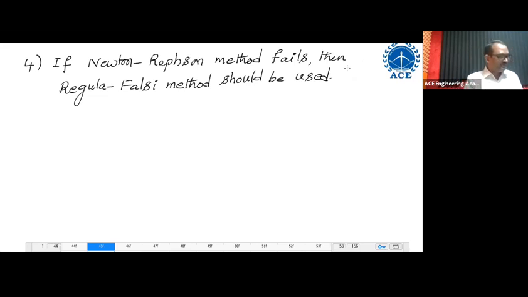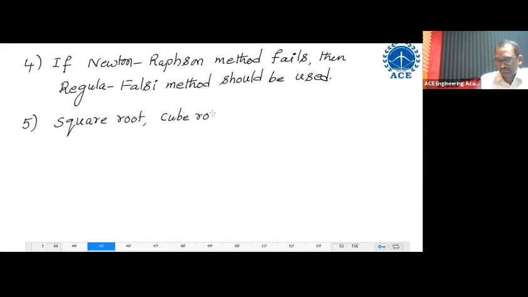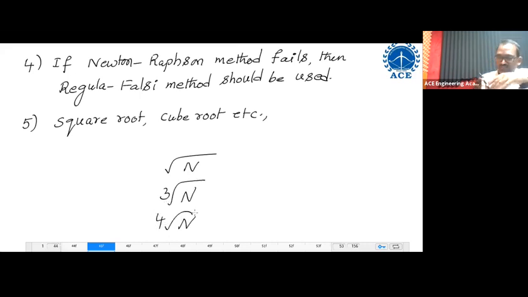Write down. See, using Newton-Raphson method, square root, cube root, etc. means square root of a number, cube root of a number, and fourth root of a number. Everything can be determined using Newton-Raphson method also.